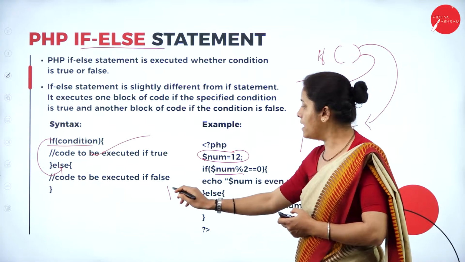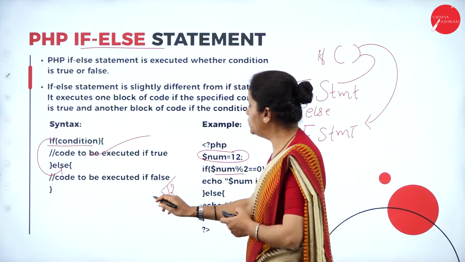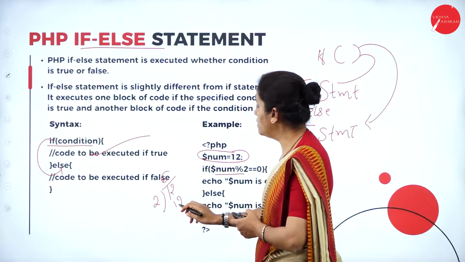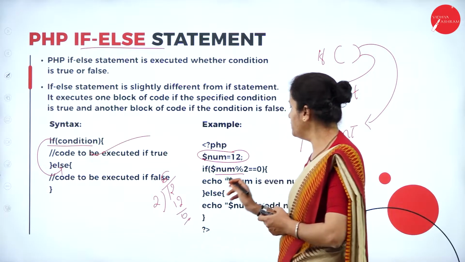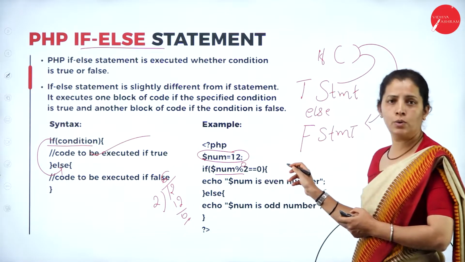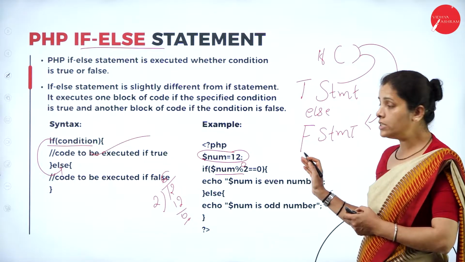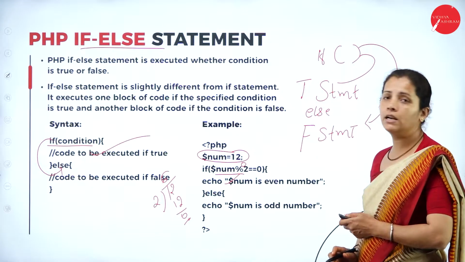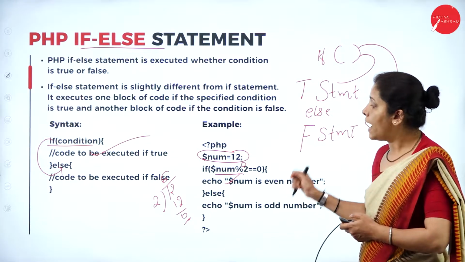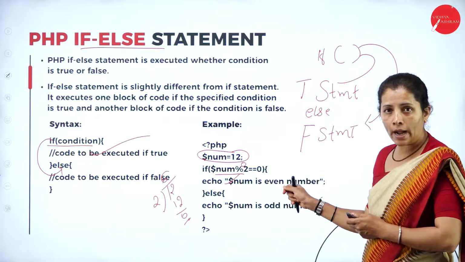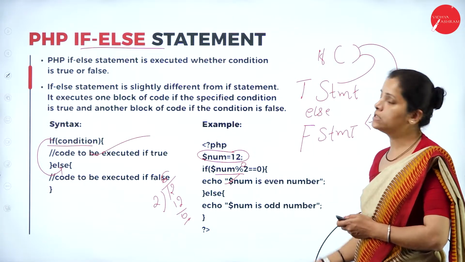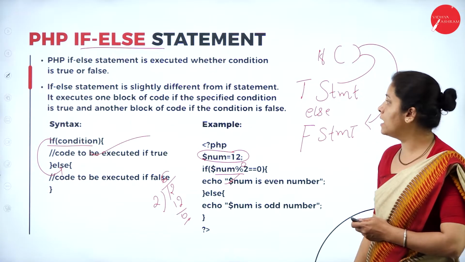So, 12 divided by 2, 6 twos are 12, so it is 0. I'm checking 0 equal to 0. The condition is true, so I'm getting the output: Number is even number. When I divide any number by 2 and I get the remainder as 0, then I'm going to consider that number as an even number.